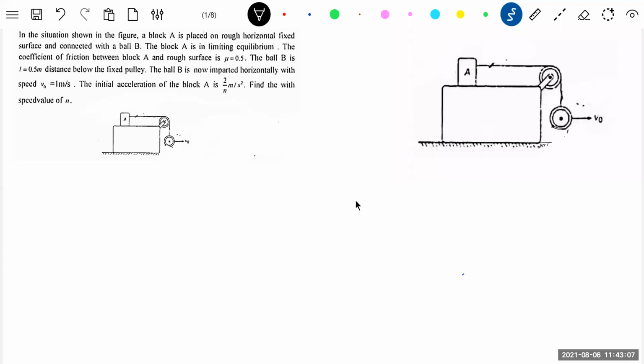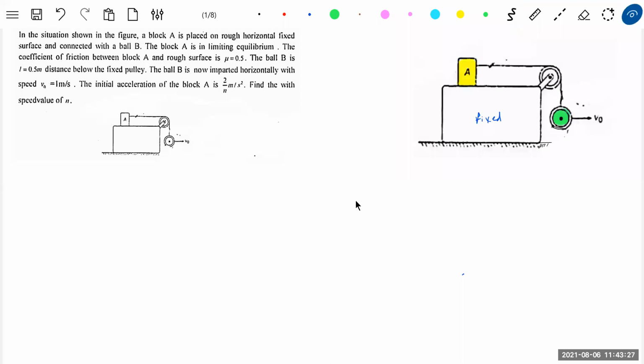We have this block. There's a pulley which is given a velocity, and let this be fixed. Please, all of you, first read the question.